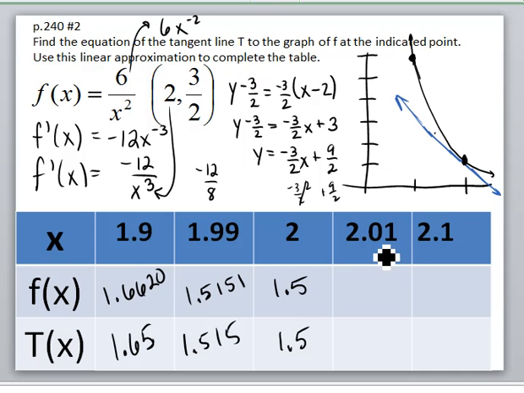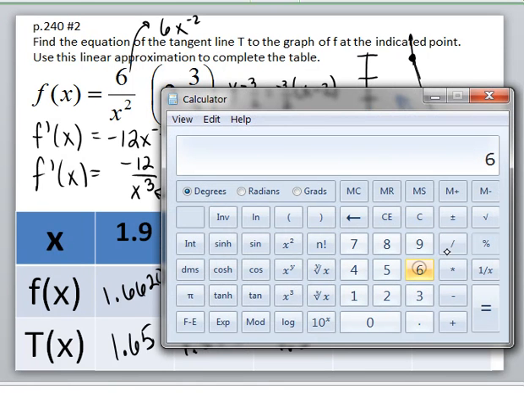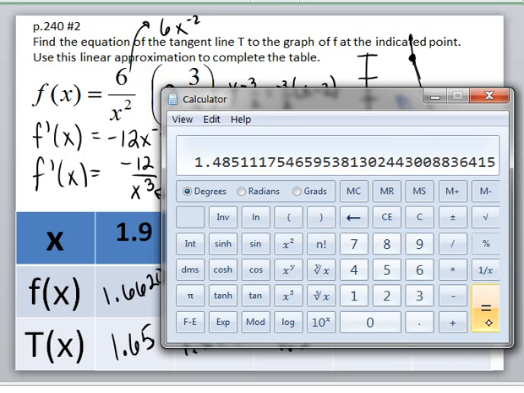And so when I plug in 2.01 into, first of all, this function up here, I get 6 divided by 2.01 times 2.01, which equals 1.4851.